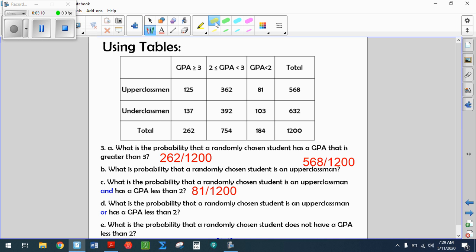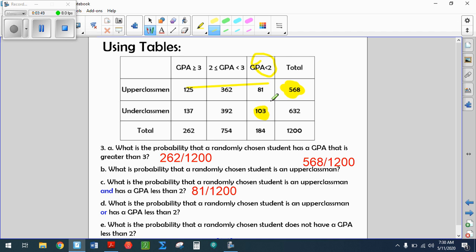If we take the total number of upperclassmen, this is kind of like the cards problem, where you define the hearts or a face card: add up all the hearts and then add up the other face cards. So I have 568 upperclassmen, and then the other numbers that are less than 2 is 103. I'm not using the total, 184, because that would cause me to count 81 twice. There's 568 from all the upperclassmen. And then who else has a GPA less than 2?